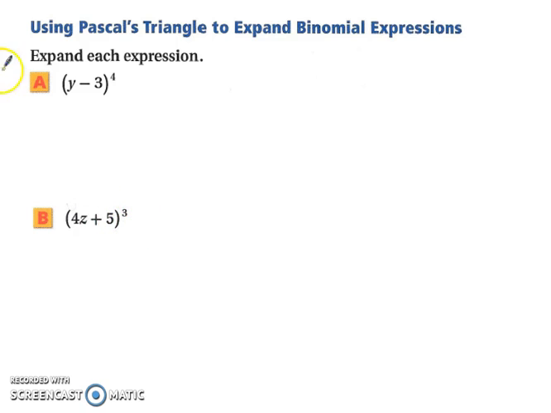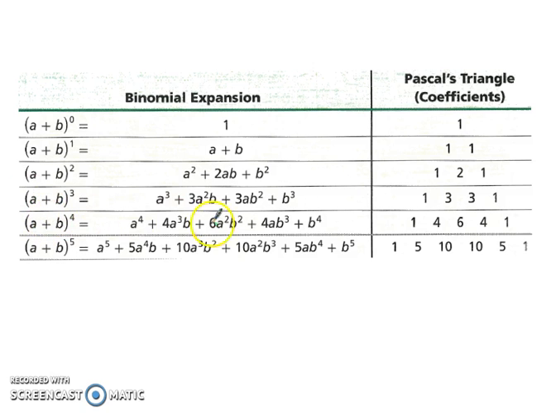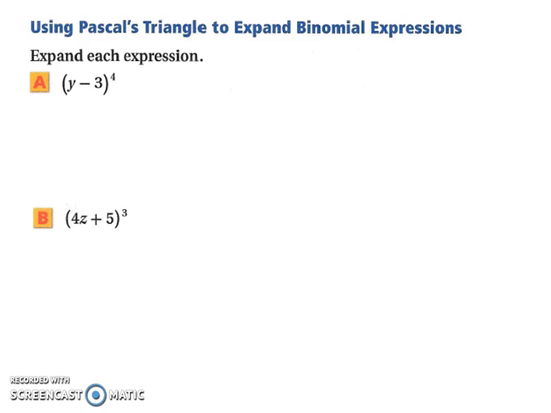We're looking at a power of 4, so we need the power of 4 for Pascal's triangle, which would be 1, 4, 6, 4, 1. So those are going to be our coefficients.